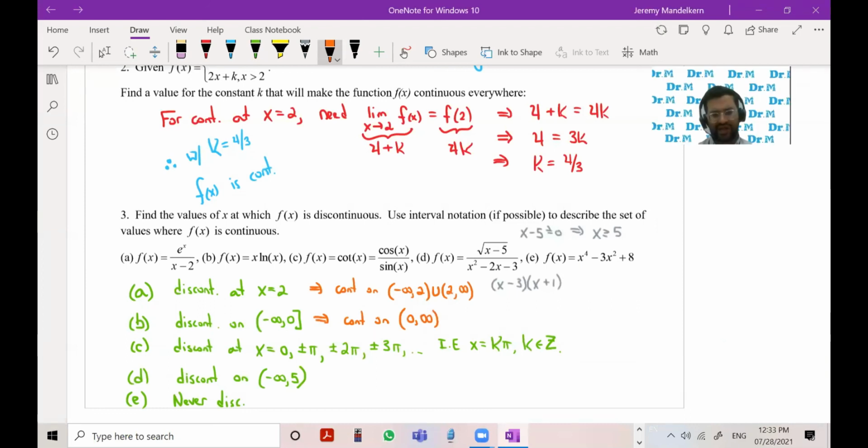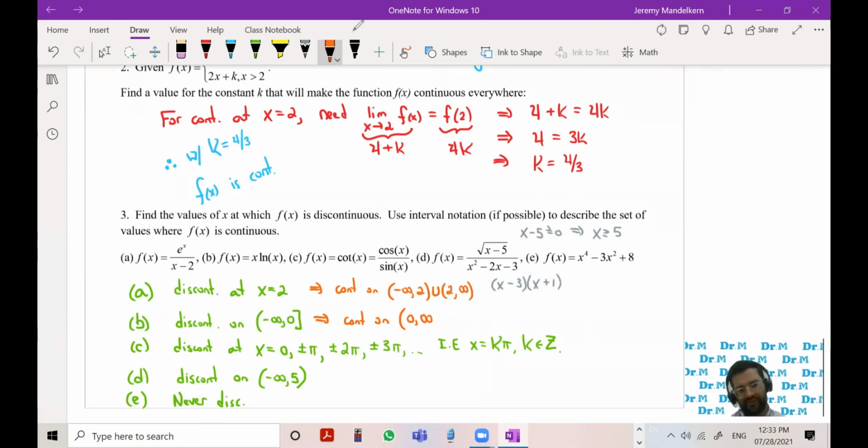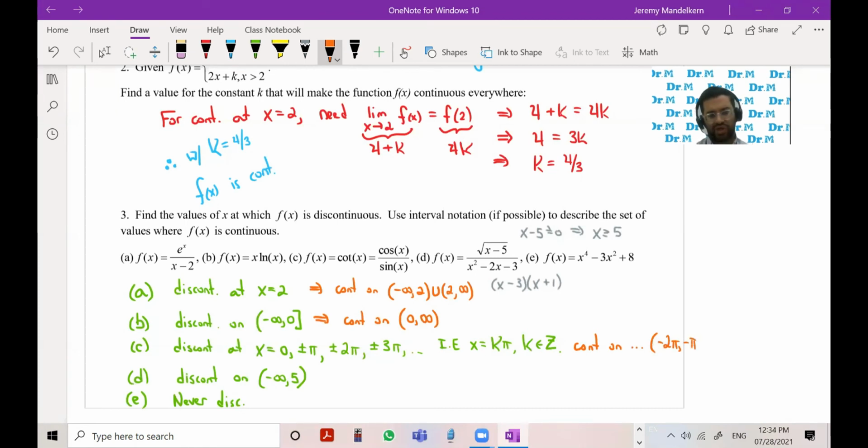For this one, we could say that we are continuous on, it's going to be a little bit tedious to write this, but dot, dot, dot, the interval from minus 2 pi to minus pi, which we should use here, open interval notation, union from minus pi up until 0, union from 0 to pi, union from pi to 2 pi. And we can do maybe a dot, dot, dot to indicate that that pattern extends in both directions indefinitely.